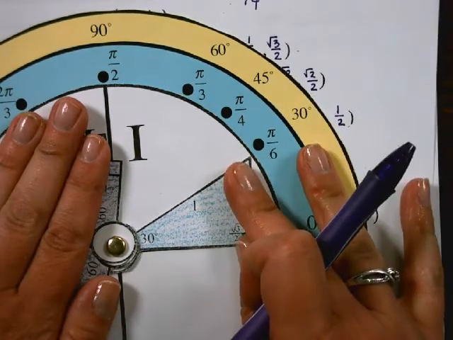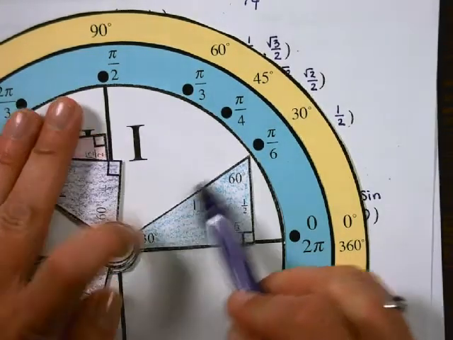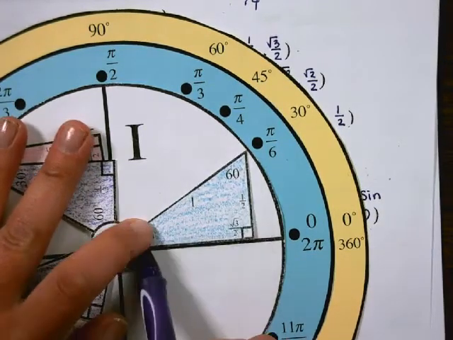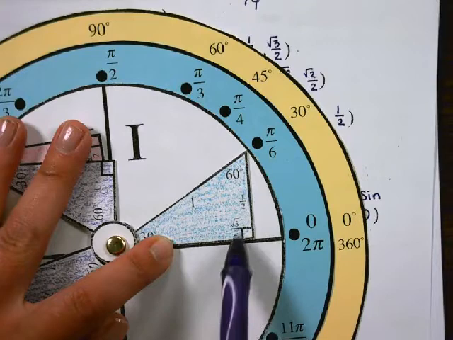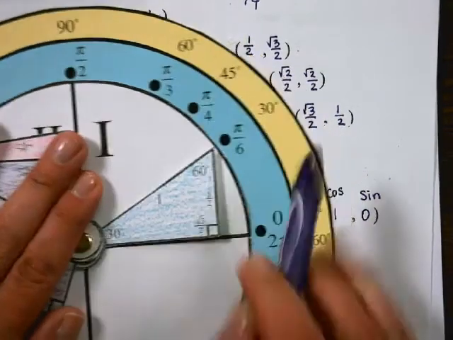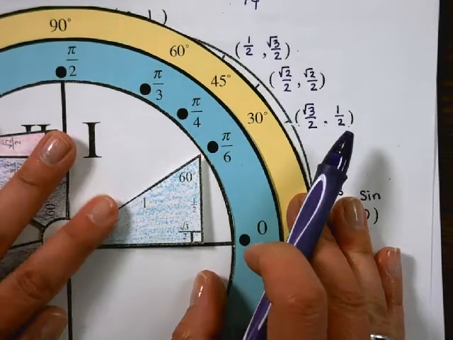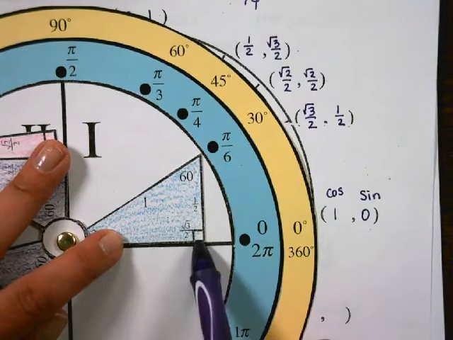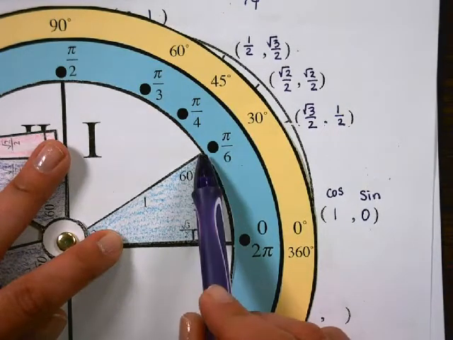If I have a 30, 60, 90 triangle in here and my hypotenuse is 1, that means my short leg is a half and my long leg is root 3 over 2. It's kind of hard to see because it's colored in. Do you see that? But look at my ordered pair for that point right there. Root 3 over 2, comma, 1/2.